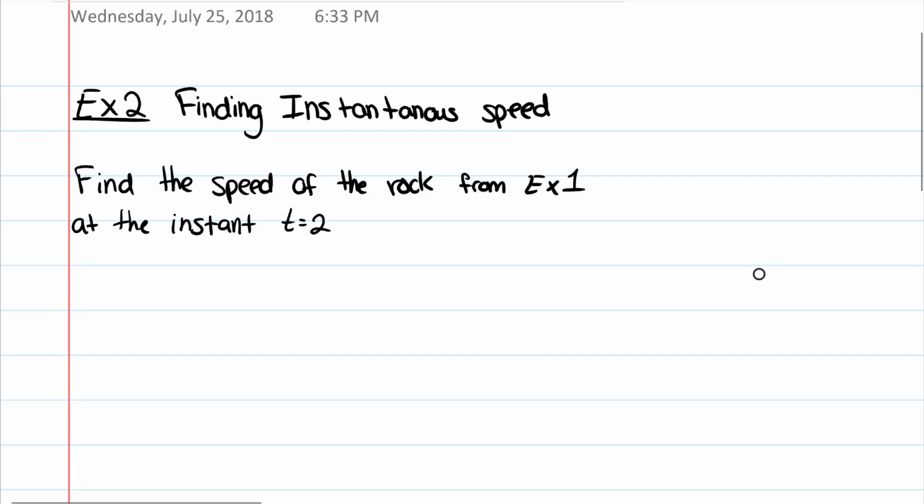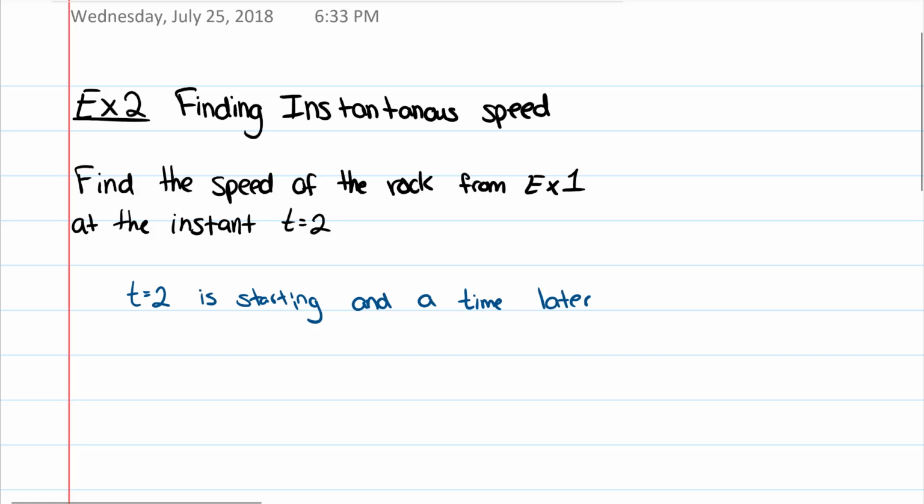To do this, we're going to use time equals 2 as our first point. So t equals 2 is going to be the starting point. And what we're going to do is observe a time later.